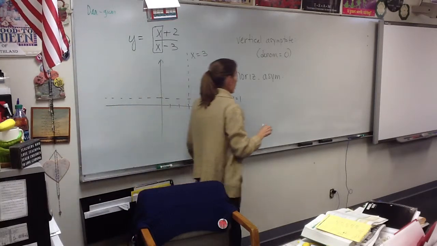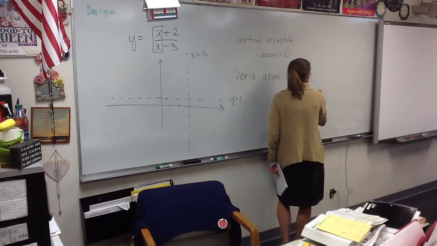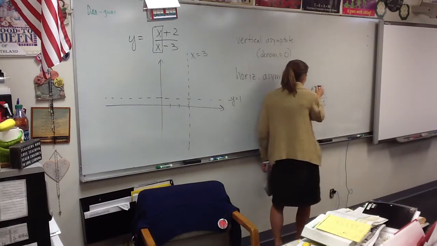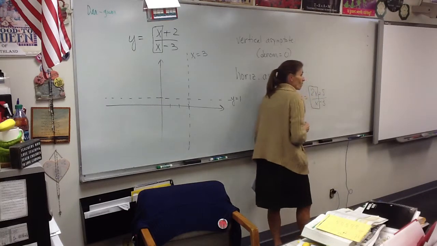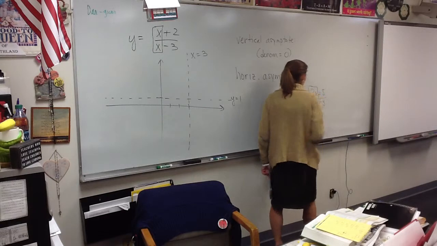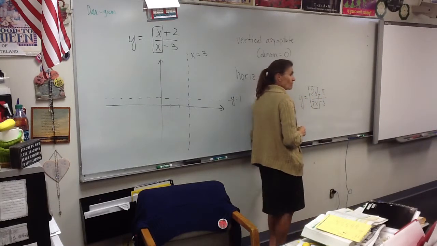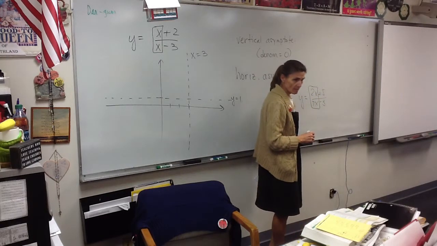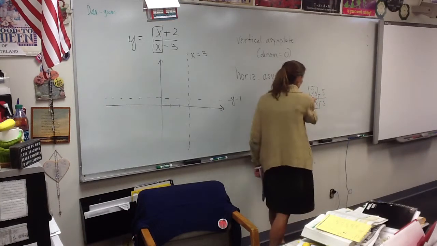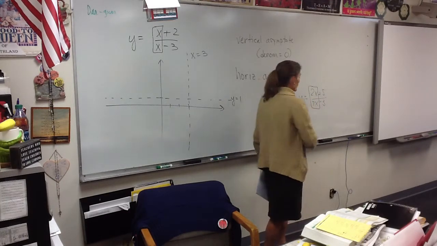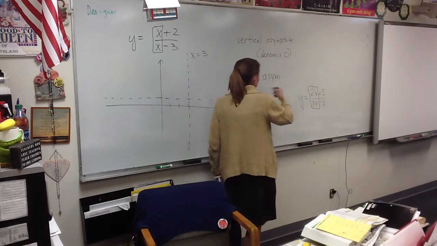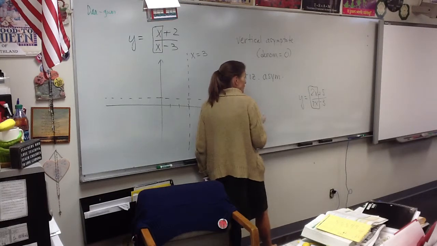If you had a problem that was 2x plus 5 over x minus 3, that asymptote would be at y equals 2. If you had a problem that was 2x plus 5 over 7x minus 3, the asymptote would be at 2 sevenths. So how am I going to write that so you'll remember it? That's how you find the horizontal asymptote.